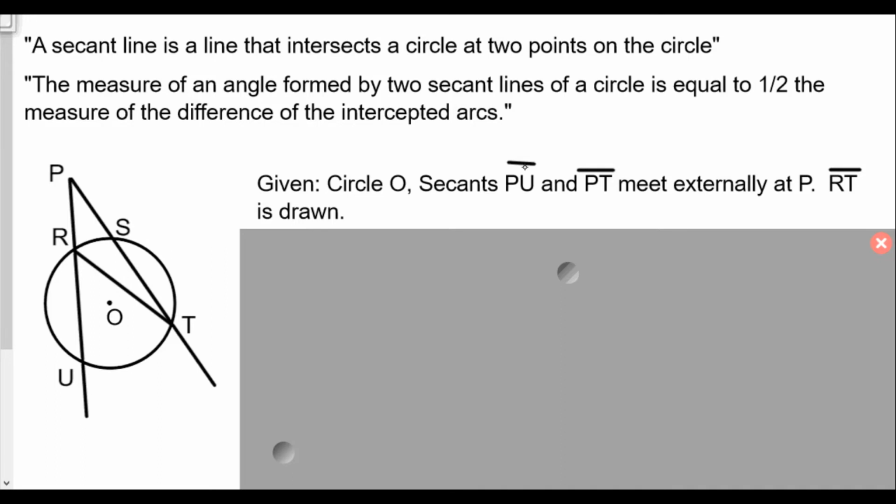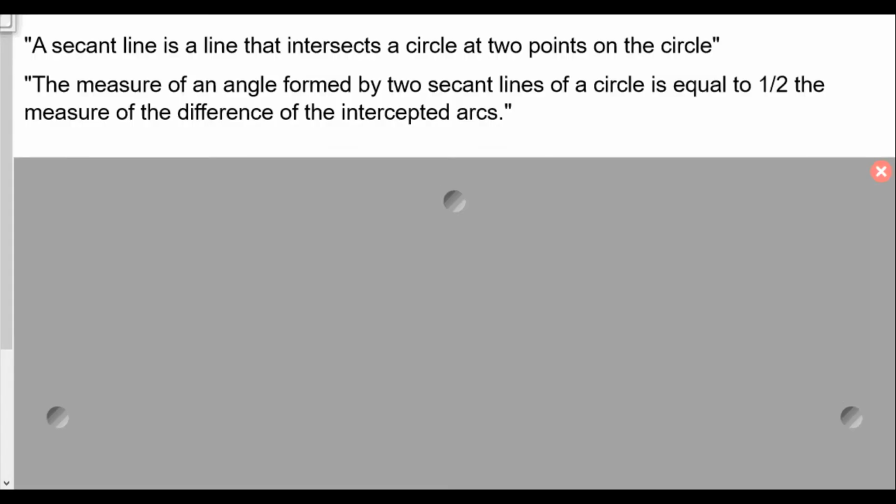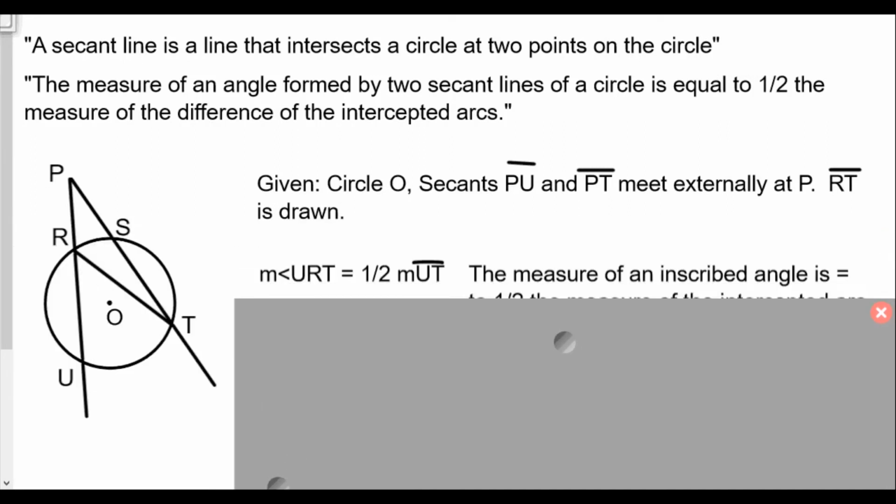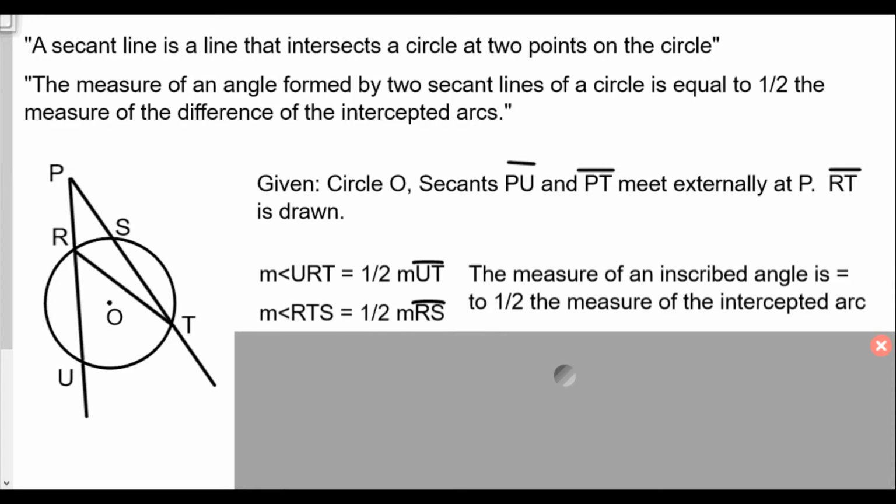I'm going to bring this down a little bit here. Sorry about that. Here we go. I'll go over it step by step. The first step in this situation is that the measure of angle URT is equal to 1/2 the measure of arc UT.